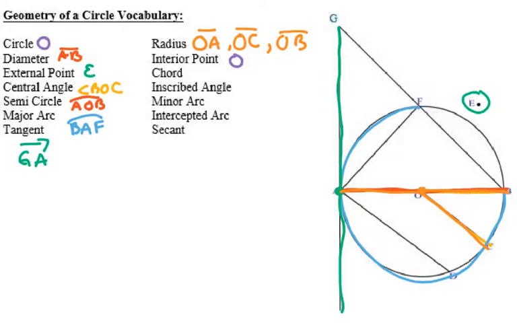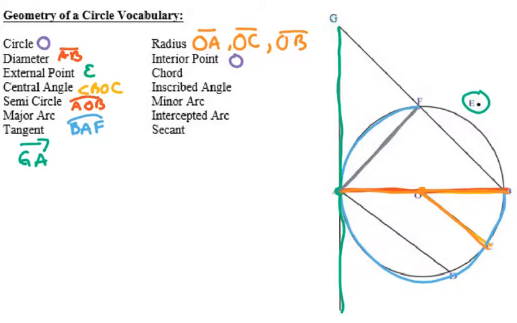Our next term refers to a chord. A chord is going to be drawn so that it's going to intersect the circle in 2 locations. It's going to go from one side of the circle to another side within the circle. These chords are segments that are going to be contained within the circle. They're not crashing through here. So a chord would be described as chord AF. That would be an example of a chord.